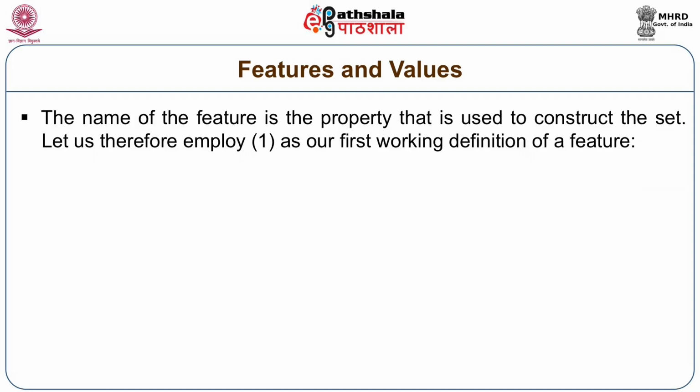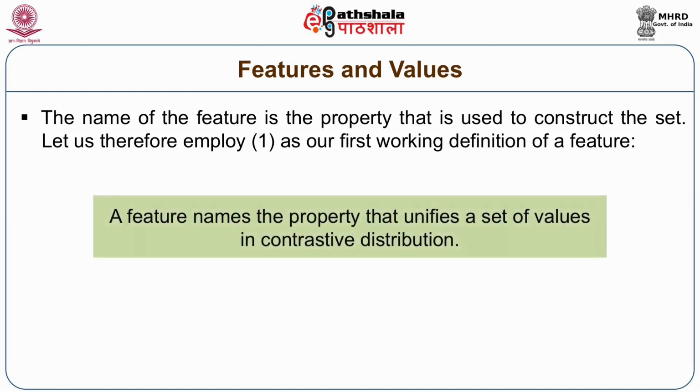So when we say a language has number, we mean it has one or more of the feature values. Let us employ this as our working definition: a feature names the property that unifies a set of values in contrastive distribution.